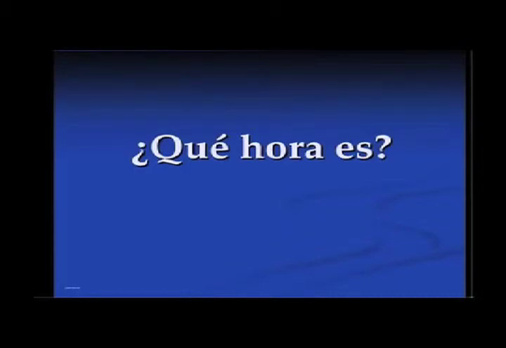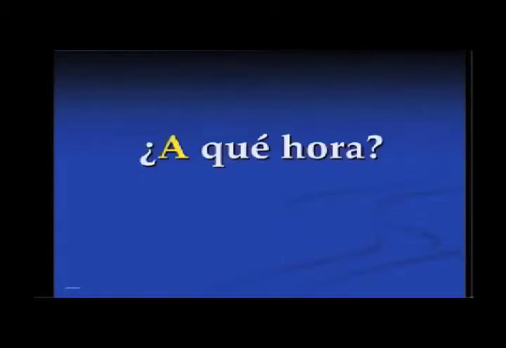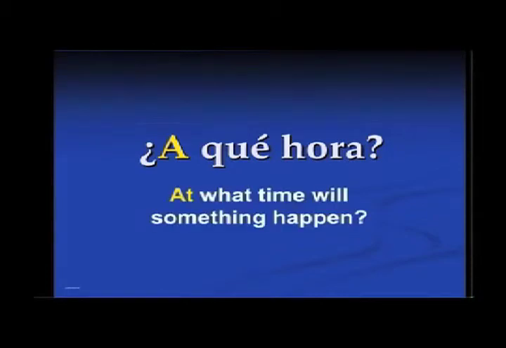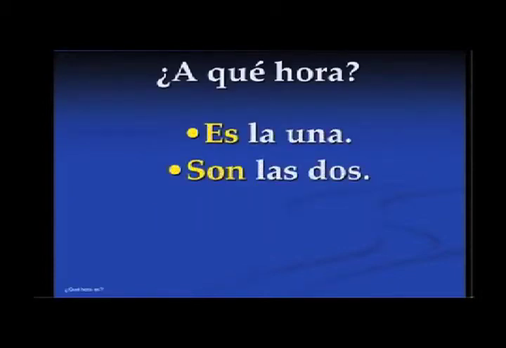So that's how you answer the question, ¿Qué hora es? But there's another question in time that you have to address a lot, and that is, ¿A qué hora? A would mean at, and so you're telling what time something is going to happen. It's really simple too. All you have to do to answer the question a qué hora is change the es and the son, because those two expressions mean what?